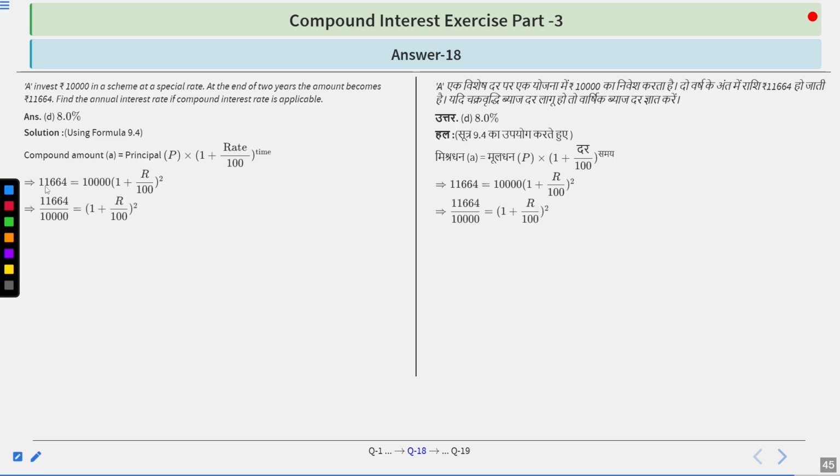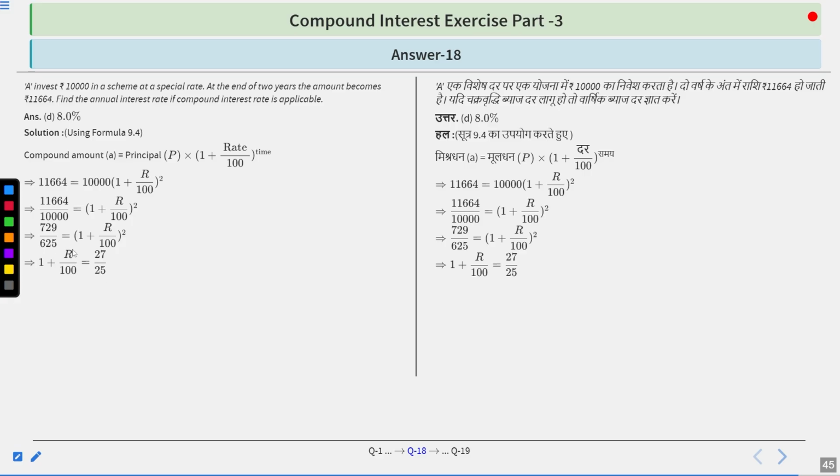So 11,664, 10,000 will go to the right hand side in the denominator. That is equal to 1 plus R upon 100 power 2. On simplification, it becomes 729 upon 625. That is equal to 1 plus R upon 100 power 2. So 1 plus R upon 100 is going to be equal to 27 upon 25, because when this power 2 will go to the left hand side, it becomes under root, and under root 729 is 27, and under root 625 is 25.